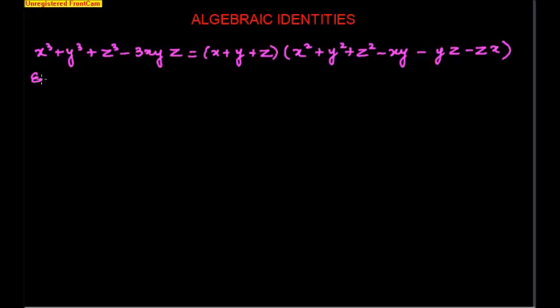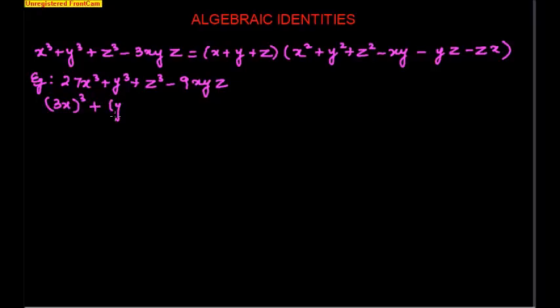Now the question based on it, that we factorize 27x cube plus y cube plus z cube minus 9xyz. If you see this, I can write it as 3x whole cube plus y whole cube plus z whole cube minus 3 into 3x into y into z.